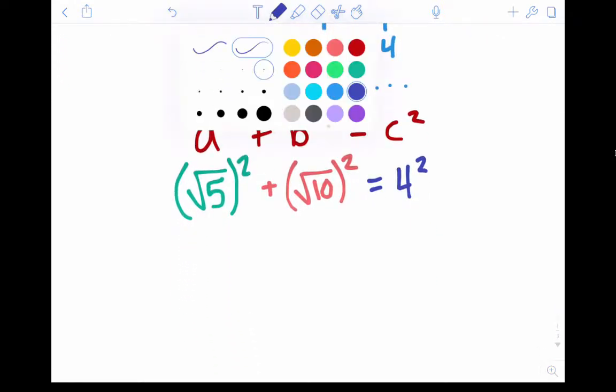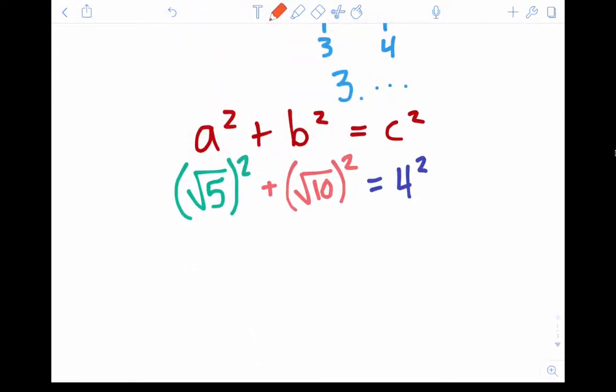Now when I solve this down, I know that square roots and squares are opposite operations because we learned that earlier in this unit. So the square root of 5 squared, that square root and that square are going to cancel out, and I'll just be left with 5. And then the square root of 10 squared, that square root and the square cancel out, and I'm just left with 10.